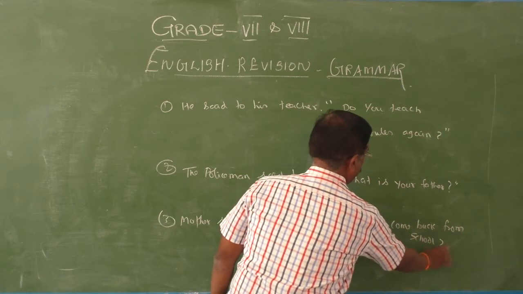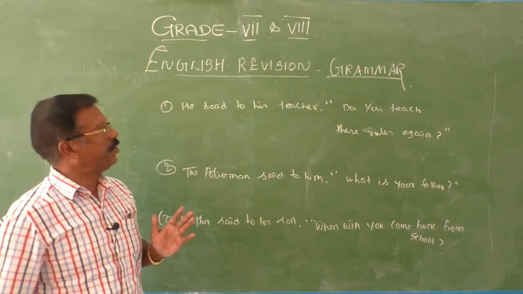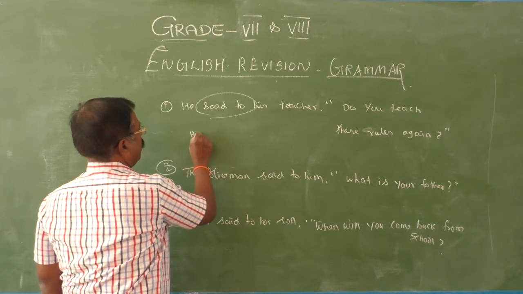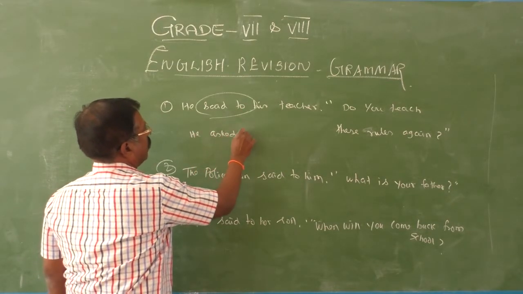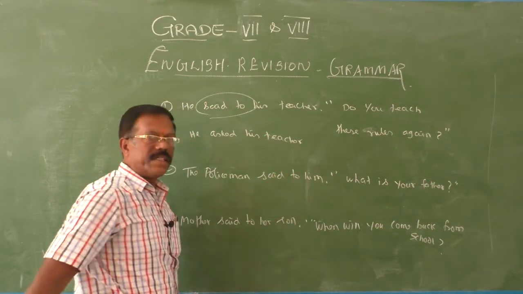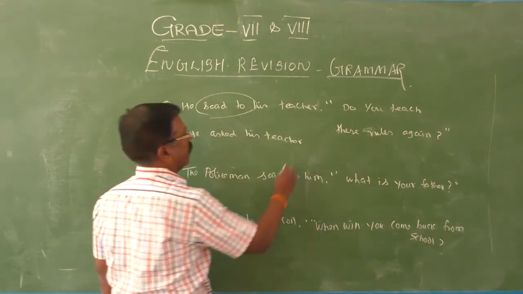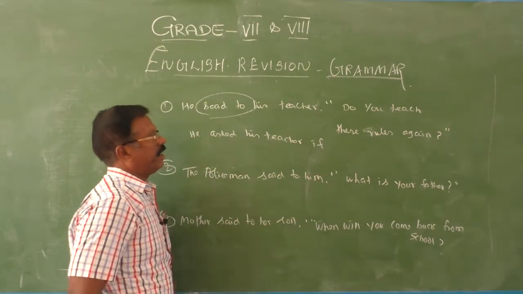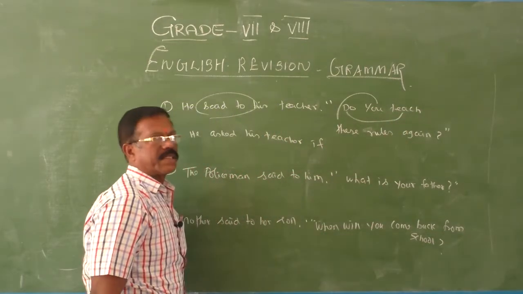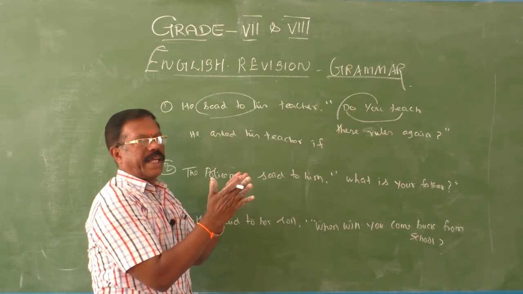Okay. Now listen how these interrogative sentences should be changed into indirect speech. He said to should be changed into asked. He asked his teacher. You know what the connecting word is? Yes, if. He asked his teacher if. Then the subject should come. You have to take out the subject. Then the helping verb and the main verb should join together.